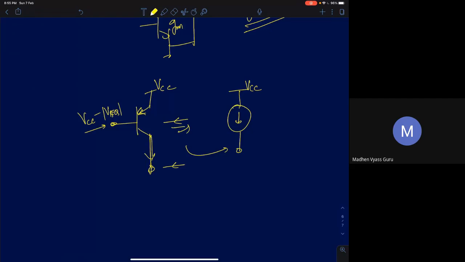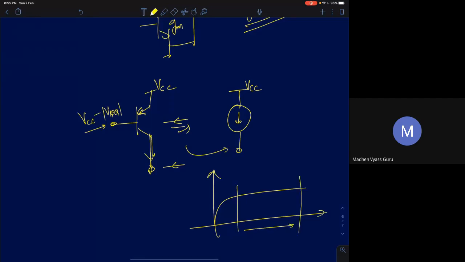In the active region, PNP transistor characteristics look like this. Even though your collector-emitter voltage is changing, even if VC is changing, your current remains more or less constant. If it remains constant, it's like a current source. So if I fix my VBE, then this device will behave like a current source between these two terminals. So we say it behaves like a current source.